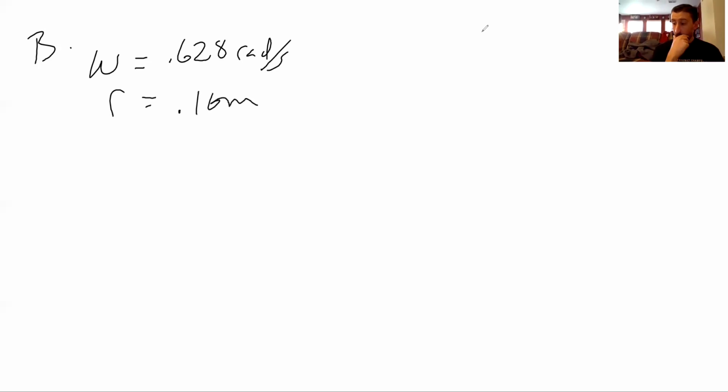B. What is the linear speed of a point on the globe's equator? So we're going to use the radius since we're at the equator. Again, we have the final velocity here, 0.628 radians per second. I have the radius, since we're at the equator, 0.16 meters.